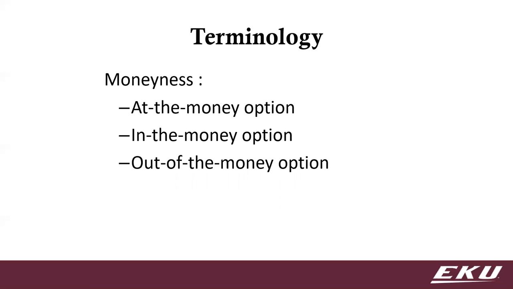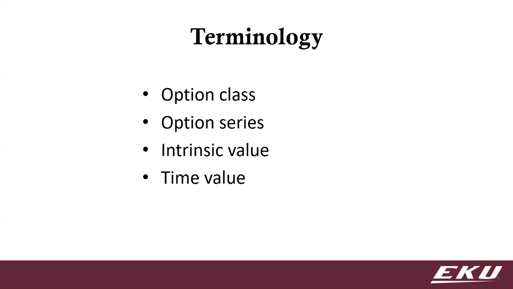Okay. And then some other terminology: option class, we already mentioned that, the call or put. Option series will be all of the options that are going to expire on a particular date, like the month of April. They all have the same strike price of $35.